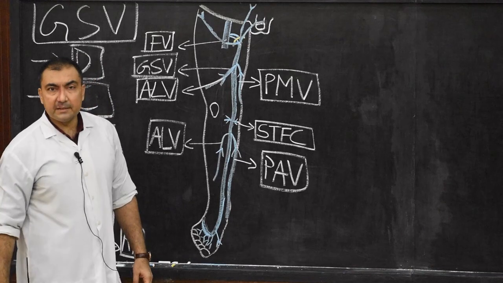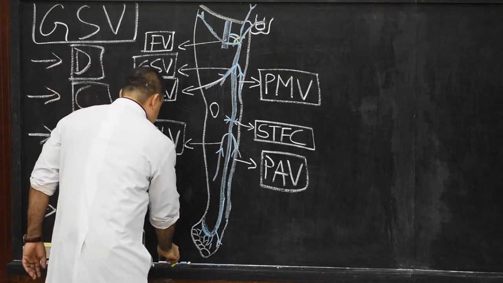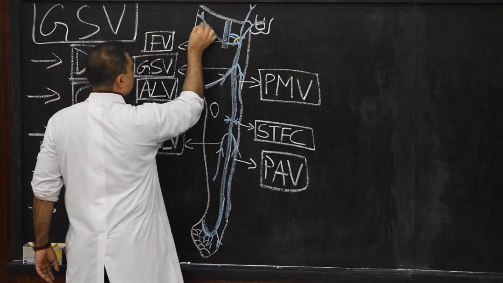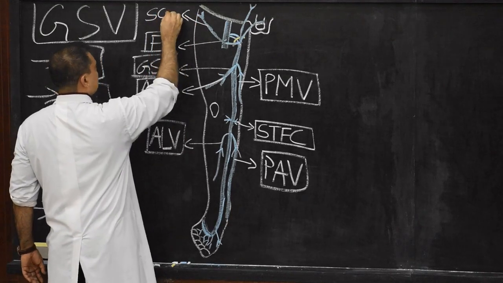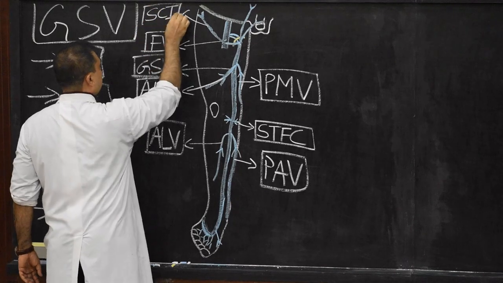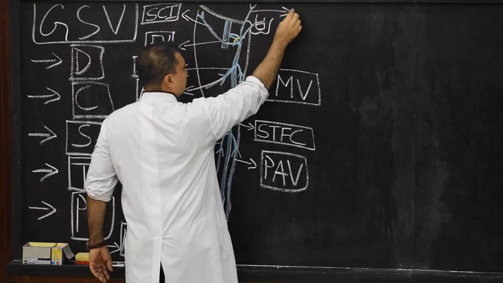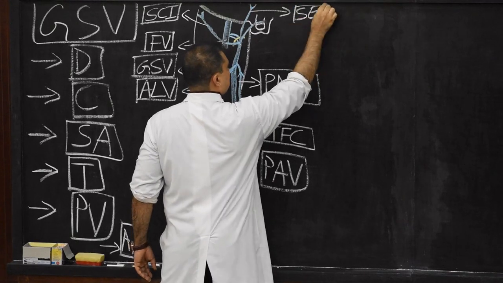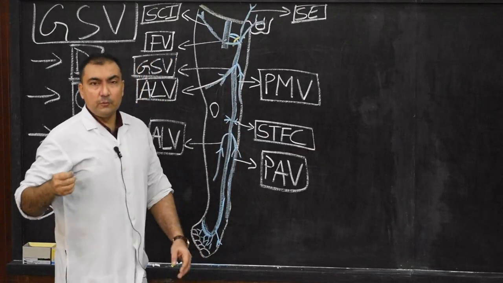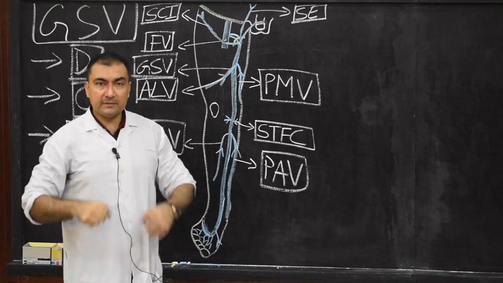These are the 3 tributaries, and you also have to mark them: the superficial circumflex iliac vein, and here we can mark this as the superficial epigastric vein. These 2 veins will drain the blood from the infraumbilical part of the abdominal wall.